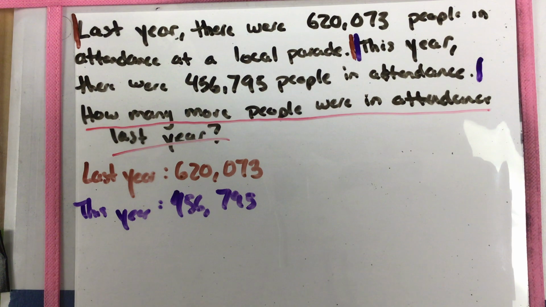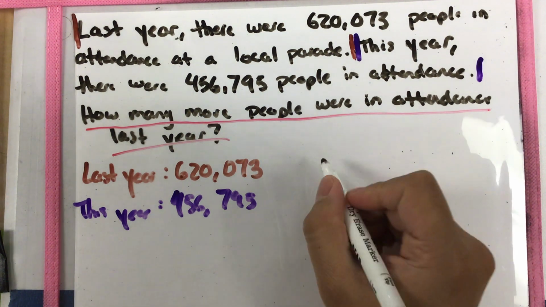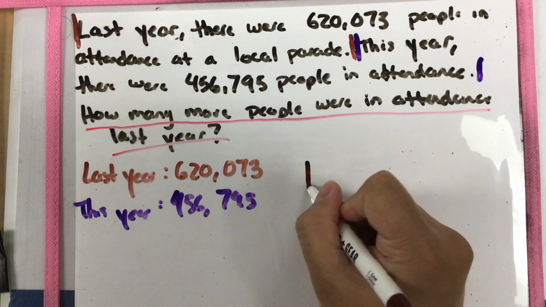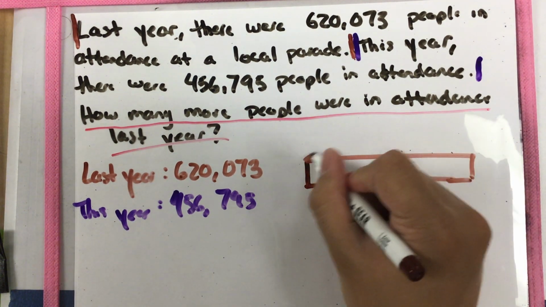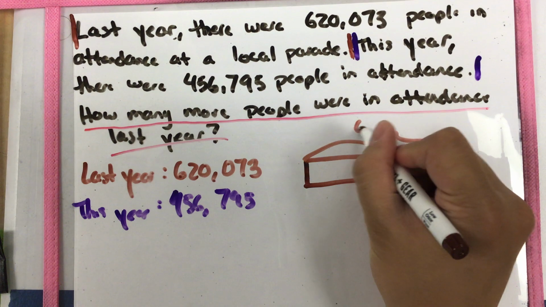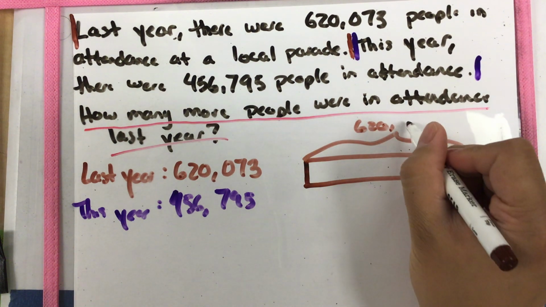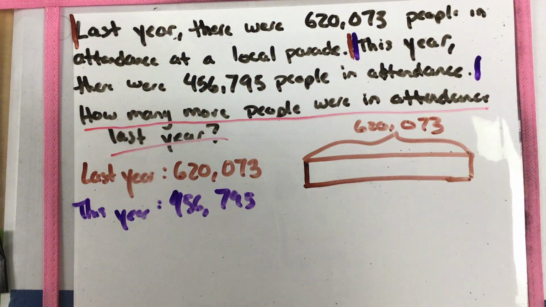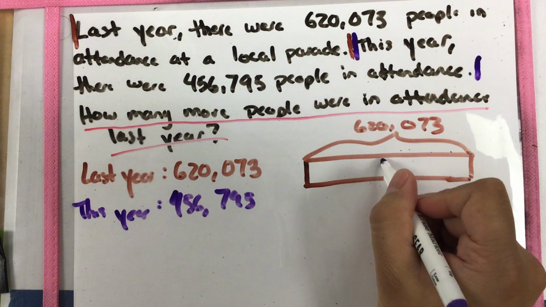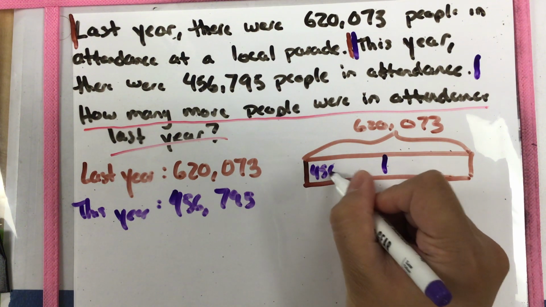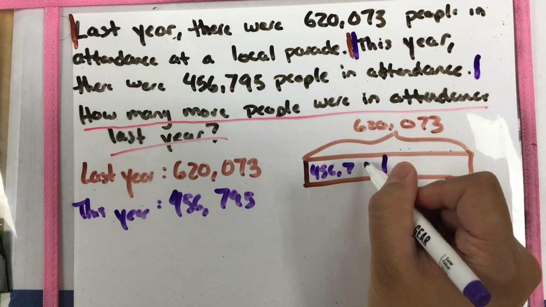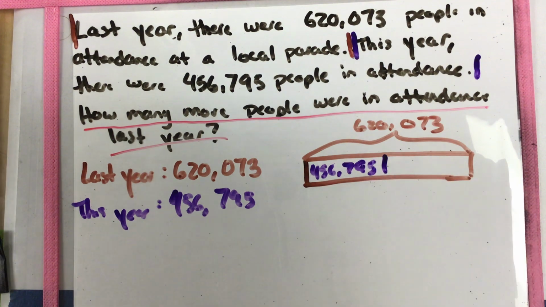So if we draw a picture, we know that last year, it's going to be this whole entire box. And that's 620,073. Okay? And within that, we have a number here at 456,795.